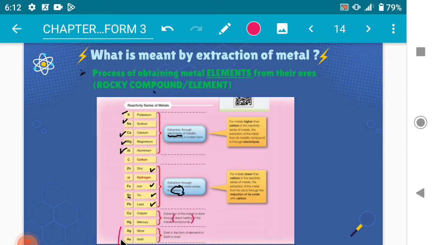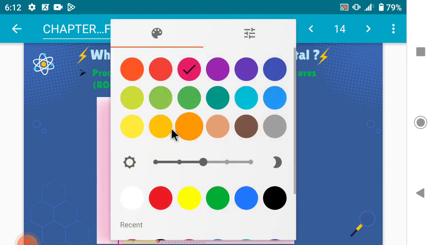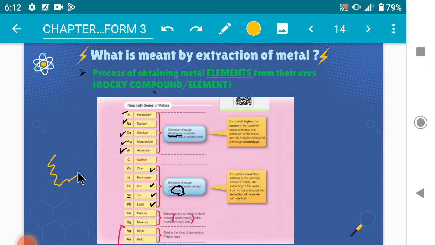But the last one is special because you don't have to do anything in order to get the pure metals, because this is, for example, the gold. Okay, gold is yellow, right? So for example, this is the gold ores. So the gold ores is actually 100% gold already. So there is no mixture of oxygen, there is no mixture of anything, any element other than gold. So this is gold 100%. Why?